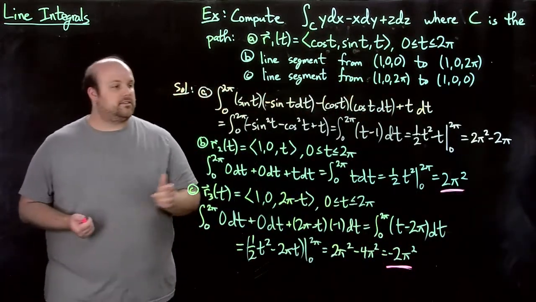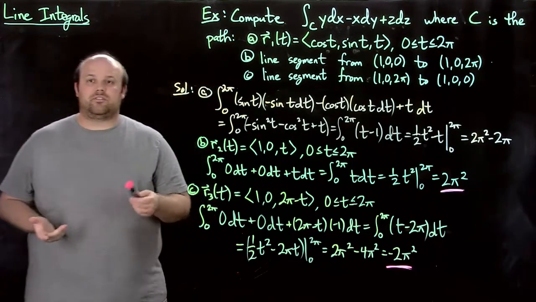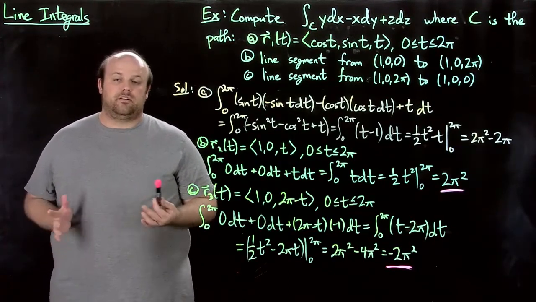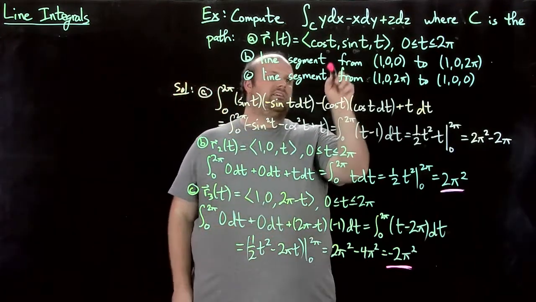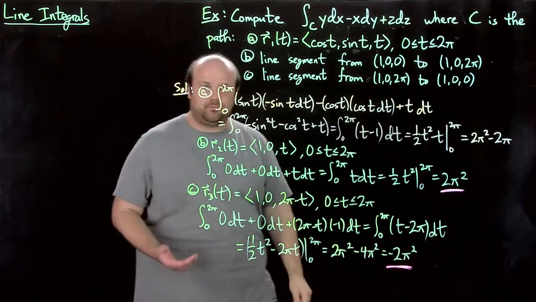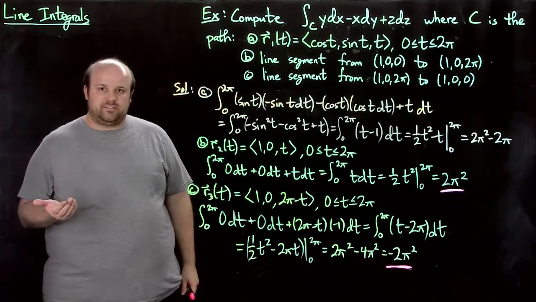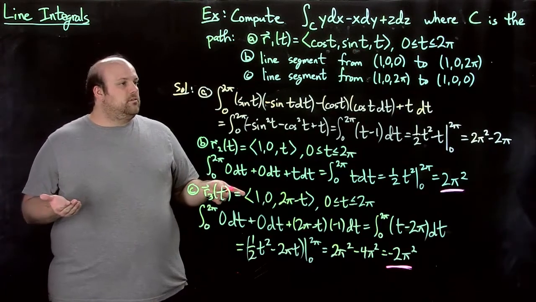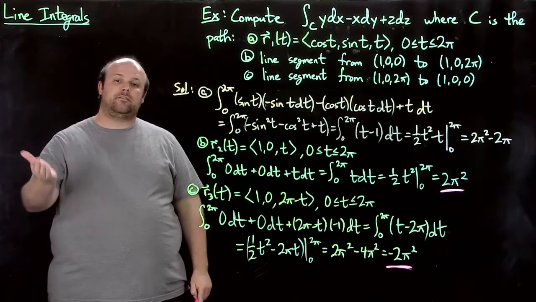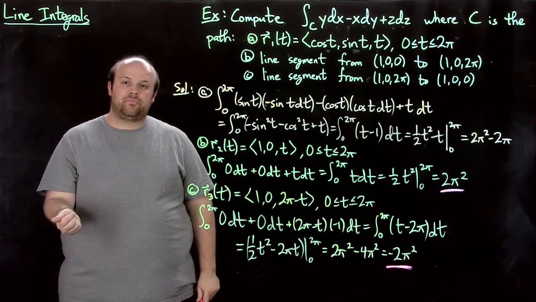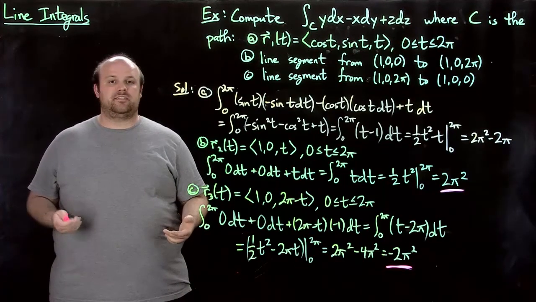So not only does the start and end matter, but the direction also matters, because these are both line segments between the same two points, but we've traveled them in opposite directions. So if we go in the opposite direction, we pop out a minus sign. In the next video, we'll summarize some of these properties and see you there.